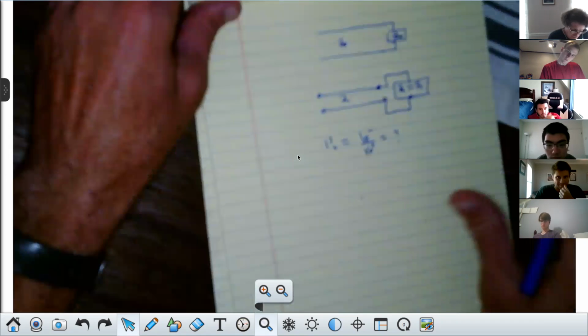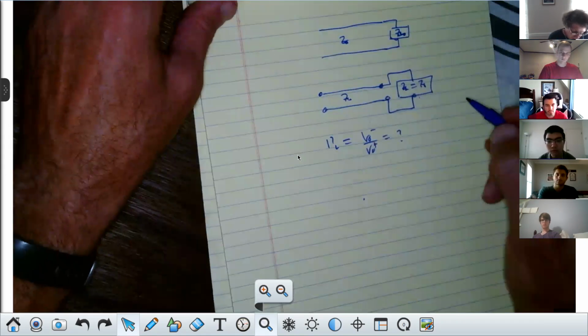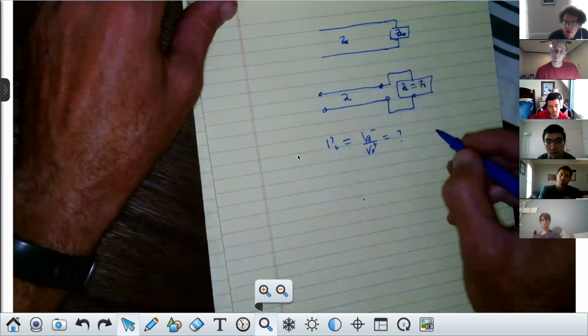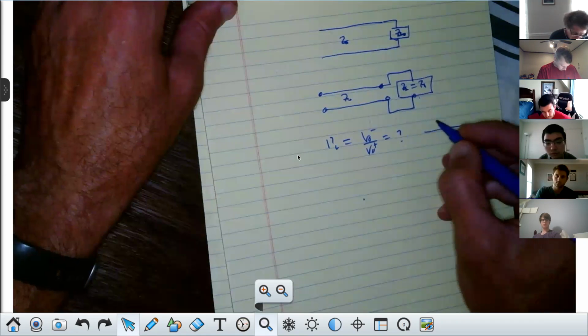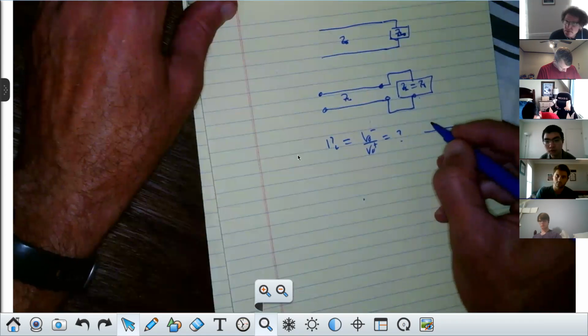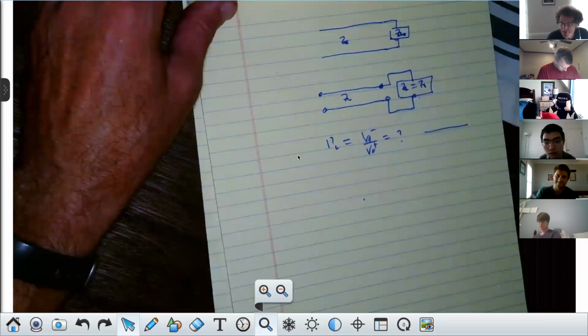In other words, if the load impedance is equal to the characteristic impedance, what's the reflection coefficient? Well, what's the definition of the reflection coefficient? It's what? Don't all talk at once. Anybody?